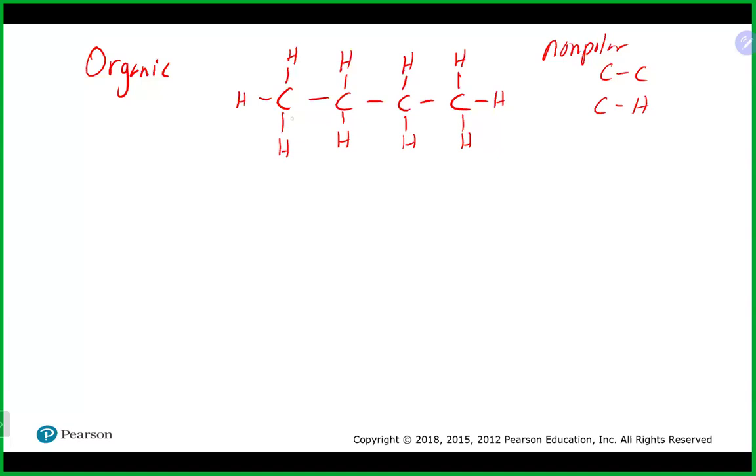As we talked about, and as we'll see as we go through these different chapters, some of these hydrogens will be replaced by other elements like oxygen, nitrogen, and some of the halogens in group 7. As we replace some of these hydrogens with other elements, we make a different type of organic compound.